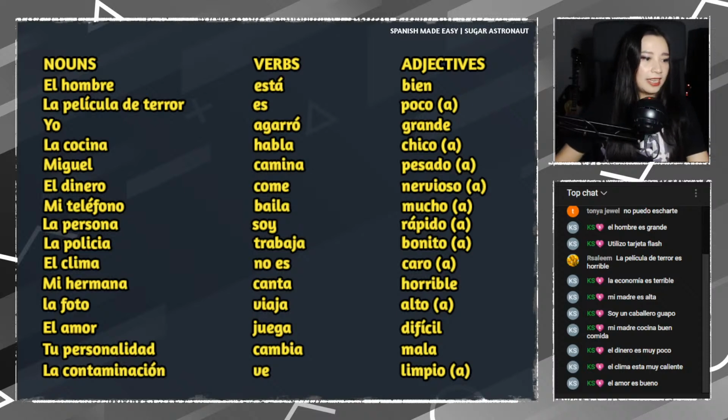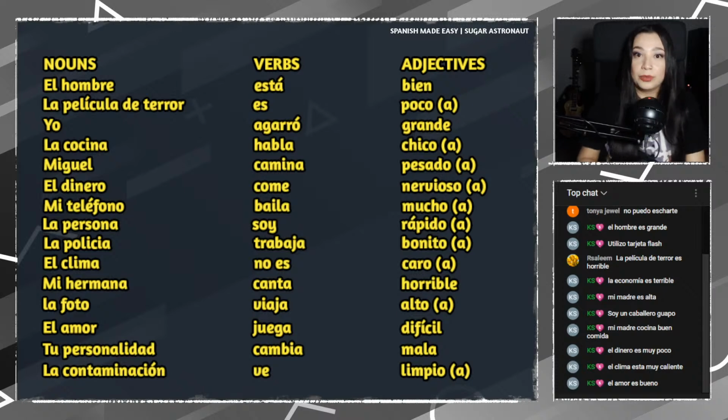Okay, I don't see any questions, so that's good. As I said before, it's very easy to construct Spanish sentences. Of course, they get more difficult. You can have more complex sentences in Spanish. We can do that later. We can add adverbs and other things.